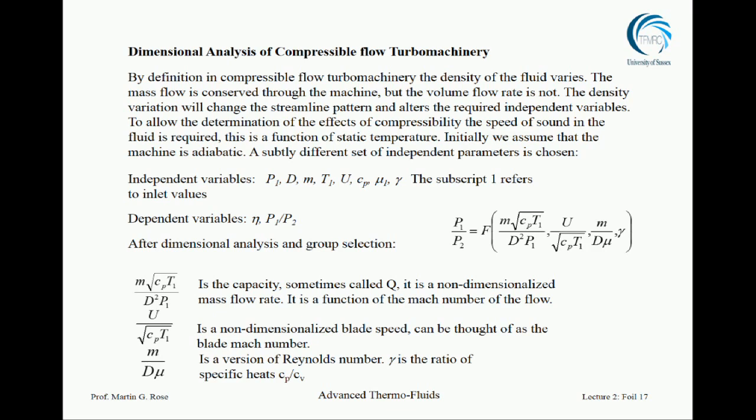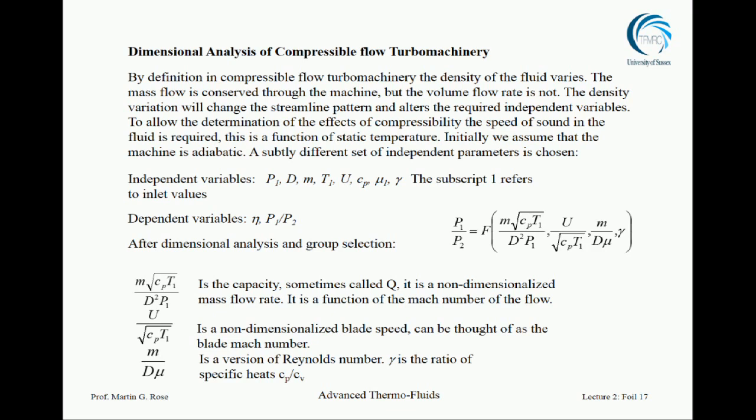The 8 we have in there are the inlet pressure, called P1, the diameter of the machine, the mass flow rate through the machine, the temperature into the machine, the blade speed, U, the specific heat at constant pressure, the viscosity into the machine, and finally the ratio of specific heats.